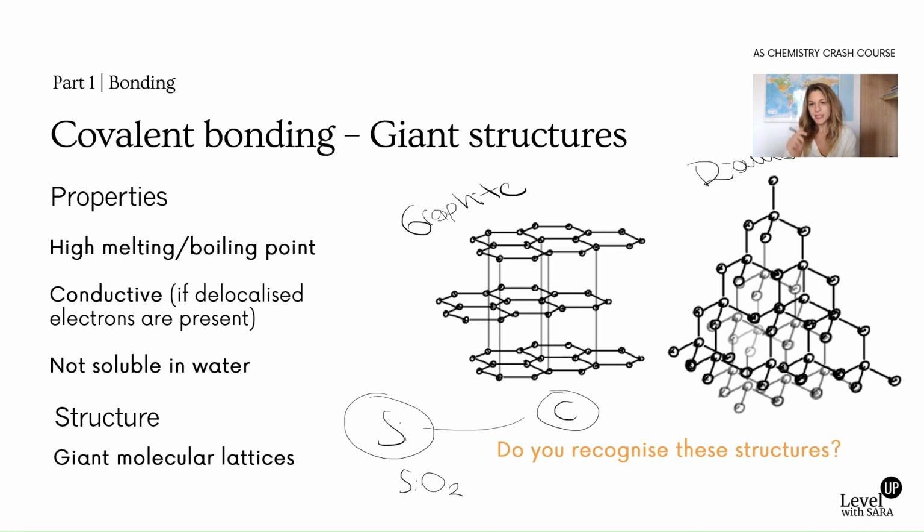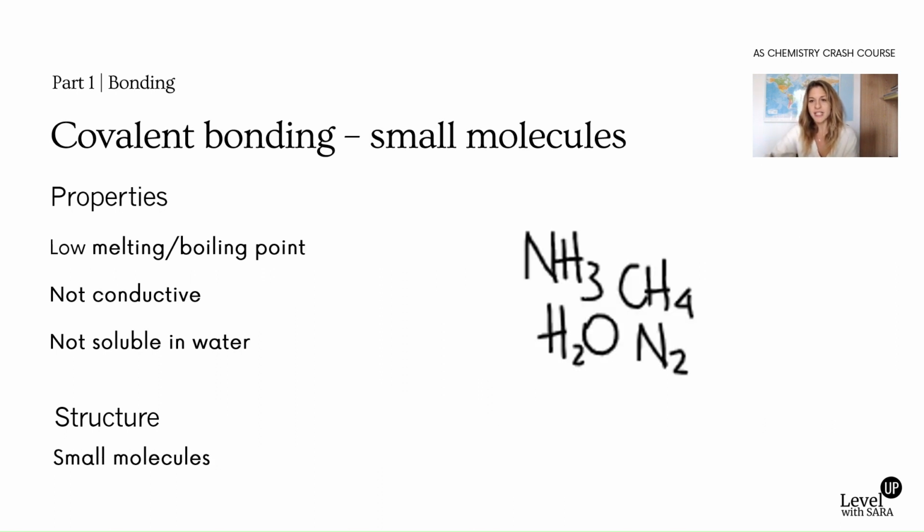It's important to remember the difference between giant structures and small molecules, because a small molecule can also be big. Think about what you studied in GCSE, fullerene. It's C60, this ball shape with all of its hexagons bonded together to form a spherical shape. It's still a small molecule, so the boiling point would still be low, even though there are so many atoms bonded.